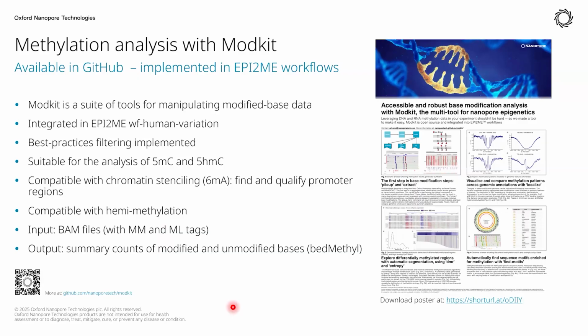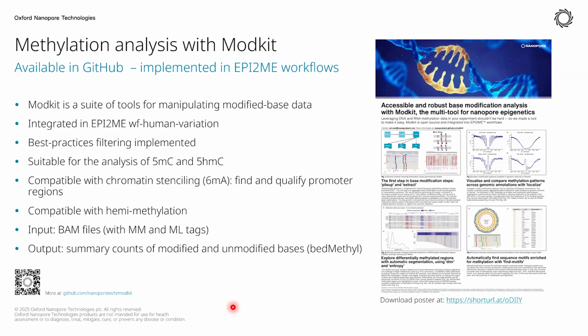ModKit is essentially a toolbox of a variety of different tools for working with the BAM files that are produced when you perform modified base calling with our software. Inside those BAM files, there are MM and ML tags that encode the information about the particular bases that have a modified base and the probability that that is a correct answer.